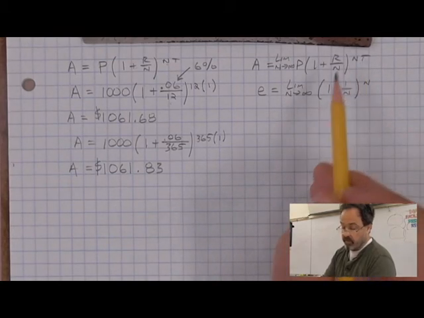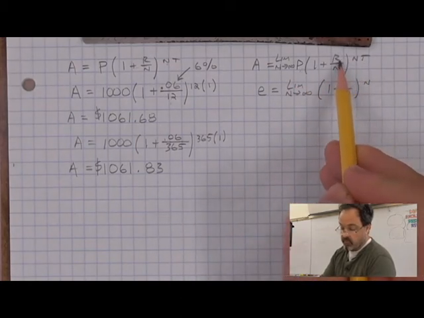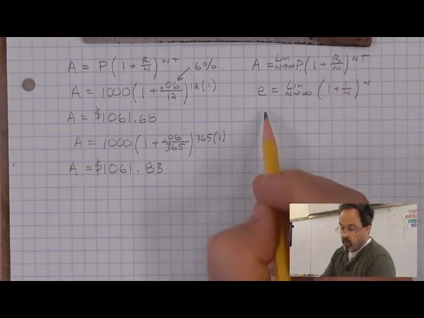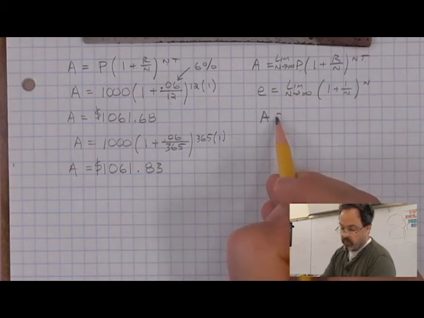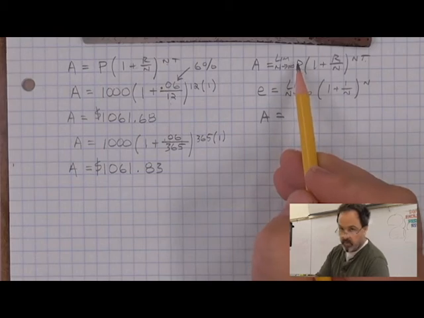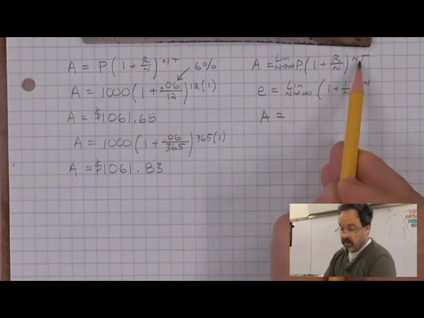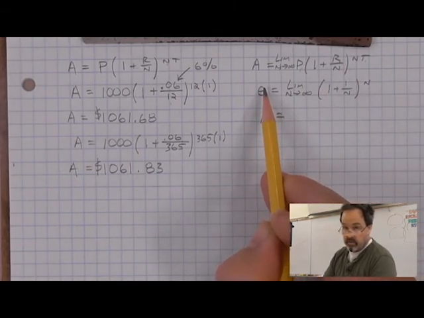Now the compound equation has a principal, and it has an interest rate, and it has a time period included in it. So we're going to create a new version of the compounding formula, but we're going to replace the structure that is included in e with e.